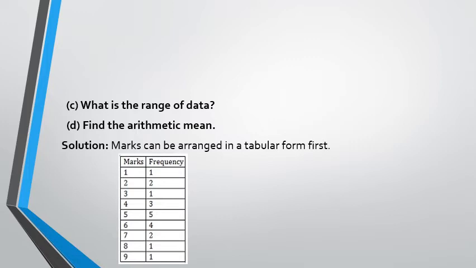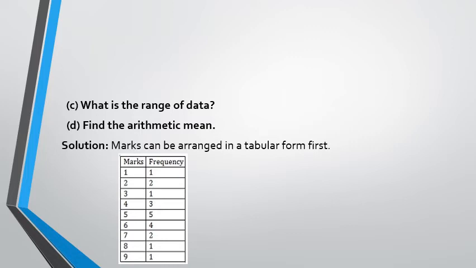So the marks are written in one column. And what were the marks? 1, 2, 3, 4, 5, 6, 7, 8, 9. And how many students scored those marks? There was one student who scored 1 mark. There were 2 students who scored 2 marks. There was one student who scored 3 marks. There were 3 students who scored 4 marks. There were 5 students who scored 5 marks.